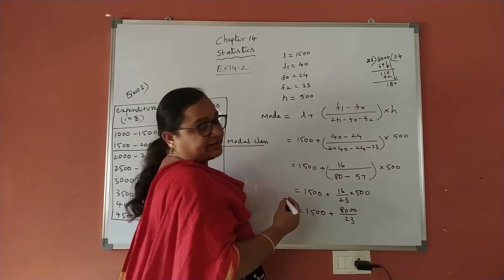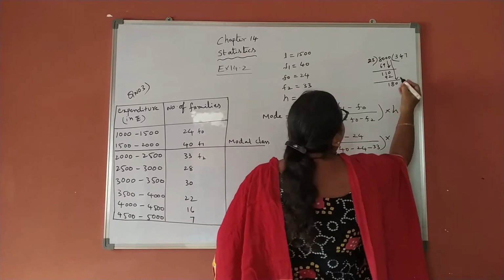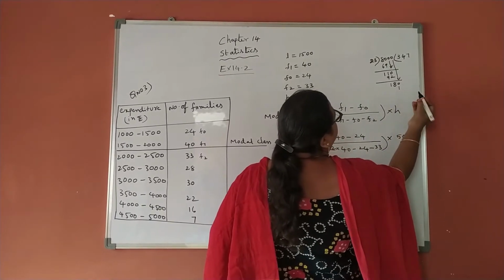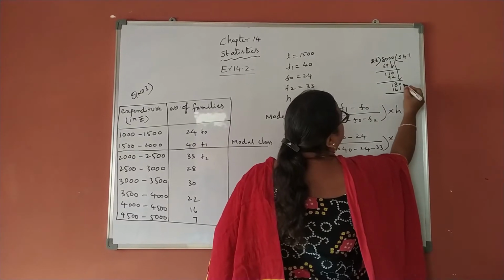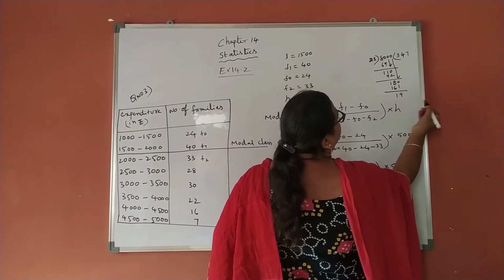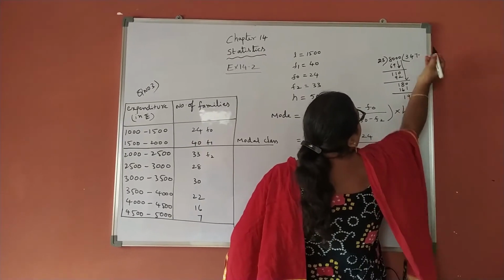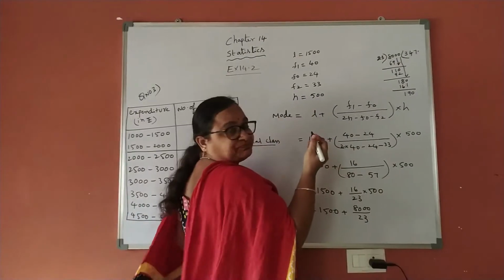This is 180. So 7 times 7, 3s are 21. 7 2s are 14 plus 2, 16. So 10 minus 1, 9, and 1, 19. So decimal point, 19 becomes 190.